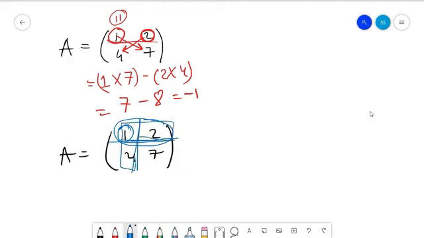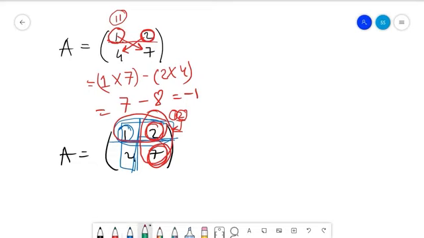You forget them, and the only thing that remains is 7. Similarly, when you work with 2, that is the 1 2 element, you forget about first row and the second column, that is this row and this column.